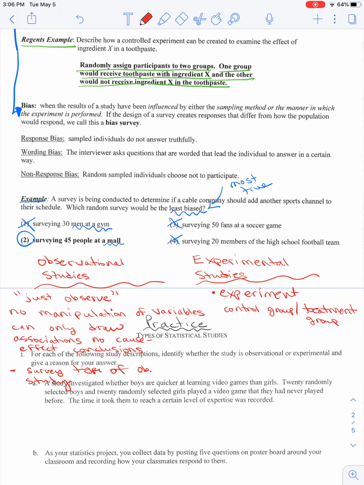And when you create your experiment, you always need to have random assignment of people to each group. If you don't have random assignment, you can create bias, meaning that your experiment wouldn't produce results that are necessarily true or indicative of the entire population.